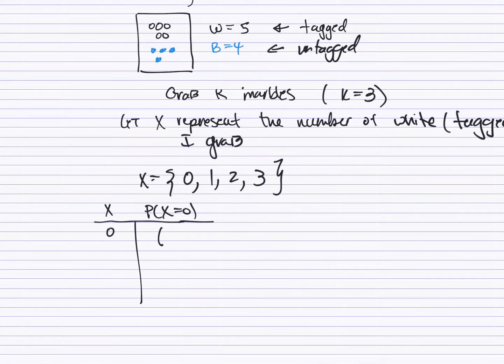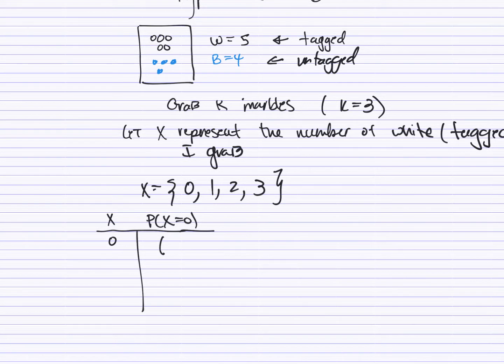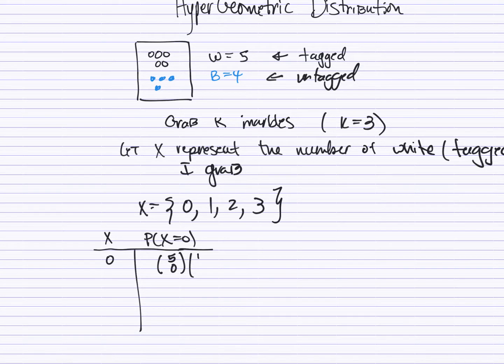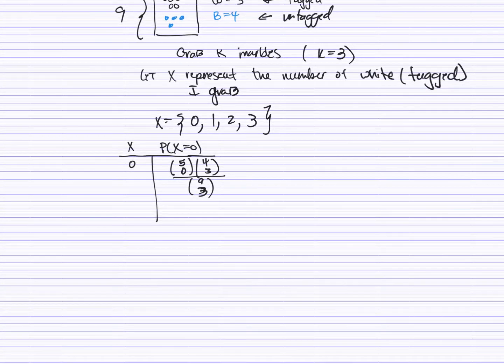I'm grabbing from the tagged ones, which are 5, or from the white ones, 0. I'm grabbing from the remaining ones that are not tagged, in this case 4, all 3 of them that I pull. And all this is over the total, which is 9, choose 3.